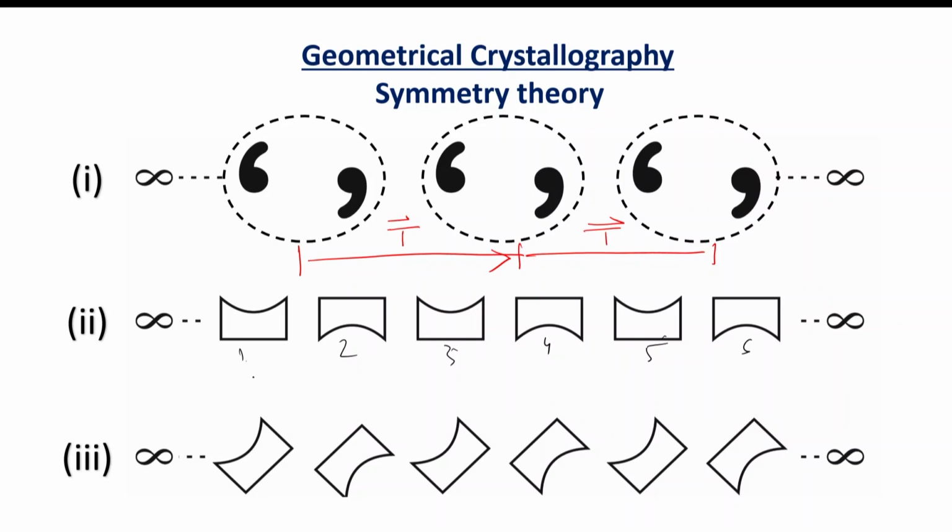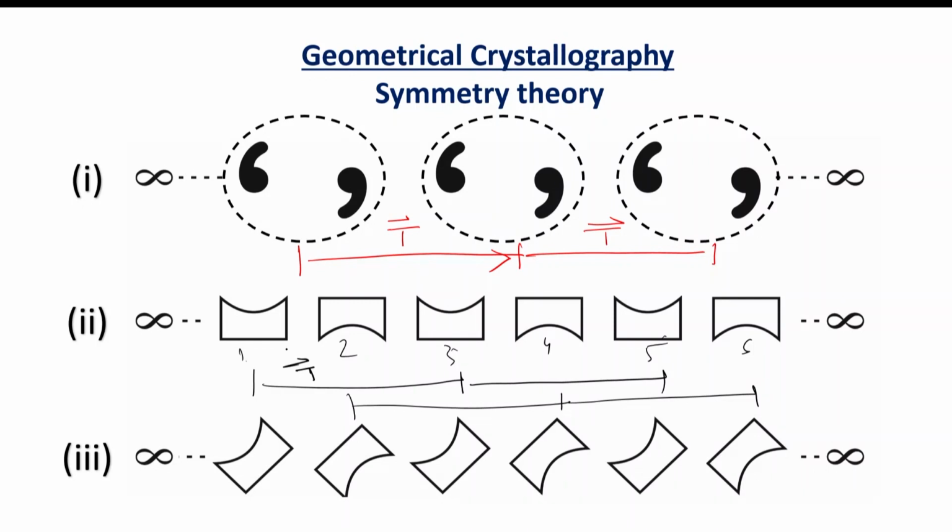So if I take the distance between 1 and 3 or 3 and 5, or 2 to 4 or 4 to 6, you will always get the same distance, that means the same magnitude, and we are moving from left to right in a particular direction. So you also have a direction. That's why it is denoted as the translation represented as T with a vector sign on top of it.